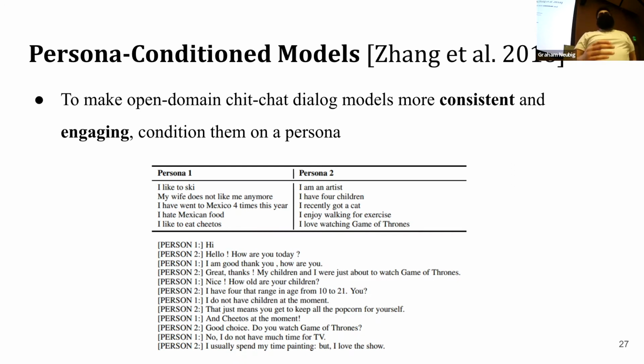And those elements of the persona were included throughout the dialogue by the people that collected this data set. By virtue of that, the dialogue models learn to include aspects of the persona throughout their conversations.